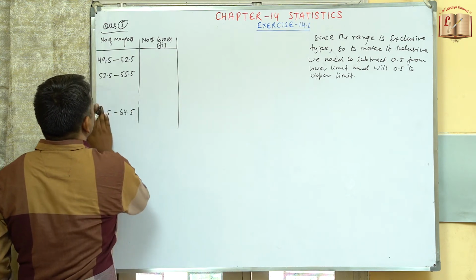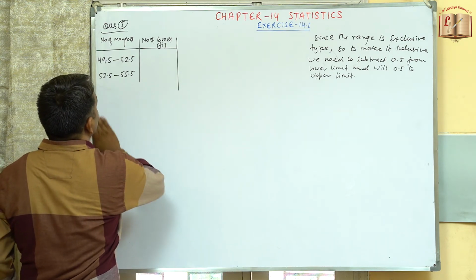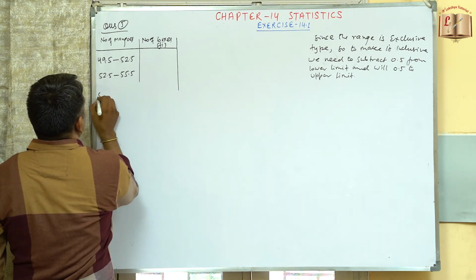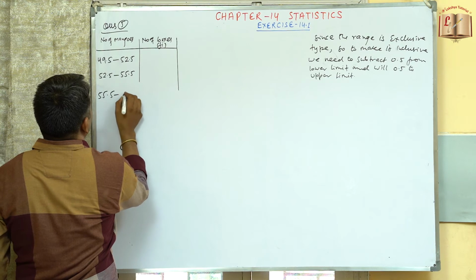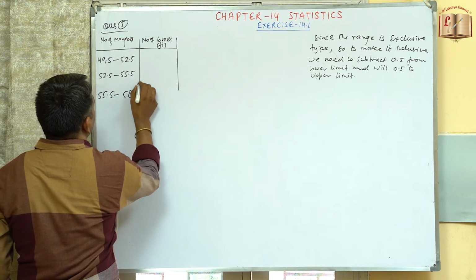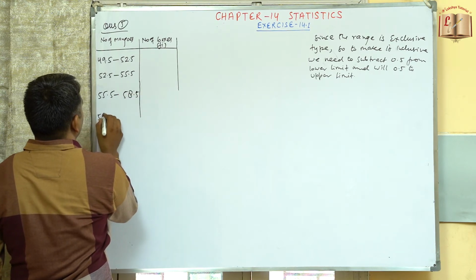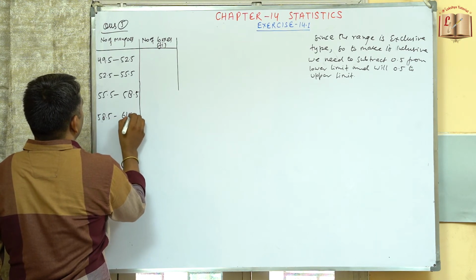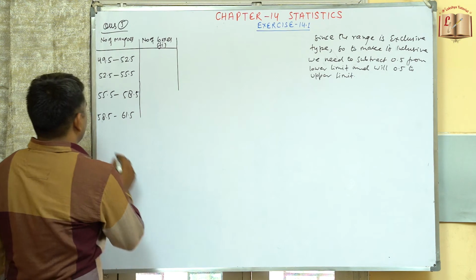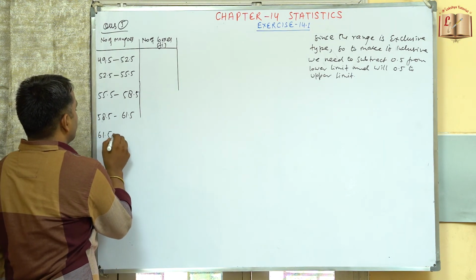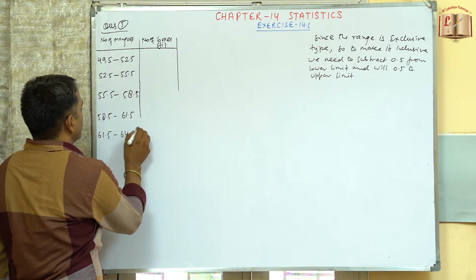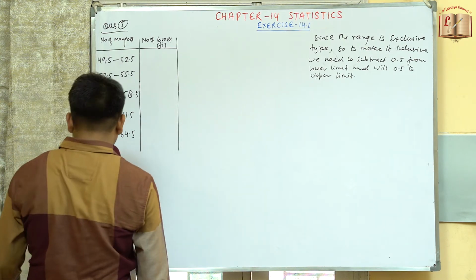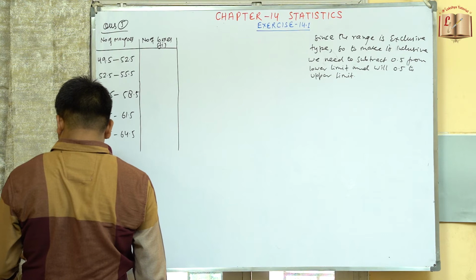So the classes are 49.5 to 52.5, 52.5 to 55.5, 55.5 to 58.5, 58.5 to 61.5, and 61.5 to 64.5. It is given only up to 64, so you can take it only up to 64.